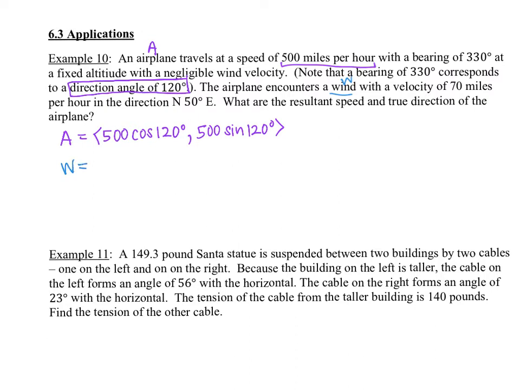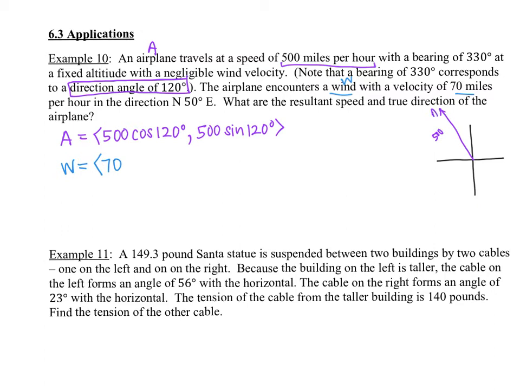The velocity of the wind is 70 miles per hour, so I'm going to go with 70. Now it tells me the wind is north 50 degrees east. It does not tell me the direction angle of the wind, so I need to think about that. I might as well figure out the whole thing then. Let me draw the airplane since I have to do this anyway. 120 degrees is about around here. Its magnitude is 500, so it's quite large.